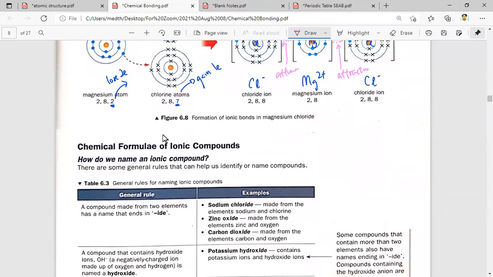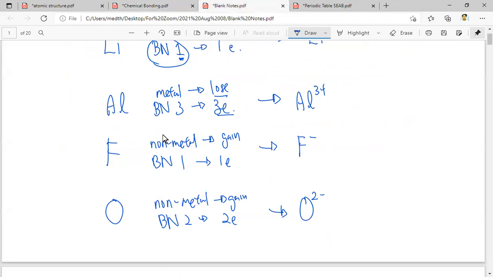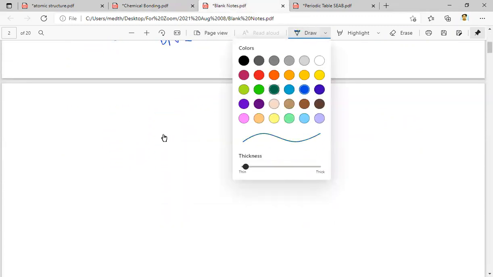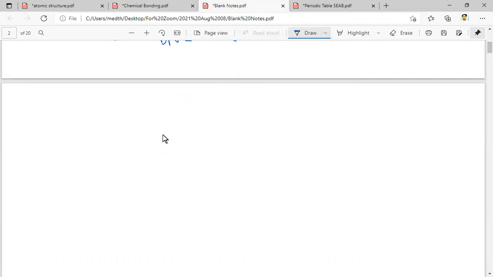Now, before we go into the chemical formulas, I want us to do a little bit of practice. So next, let's try a little bit. I'm going to show you how to go about doing the dot and cross. So the example we're going to have, let's say for example, I've got aluminium with fluorine.